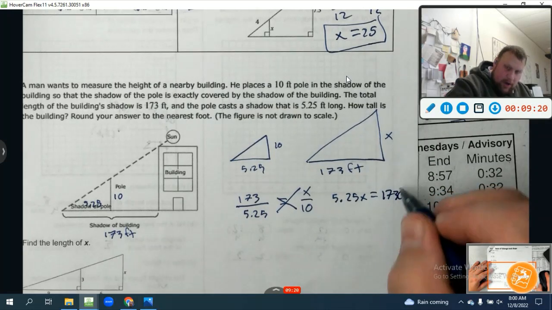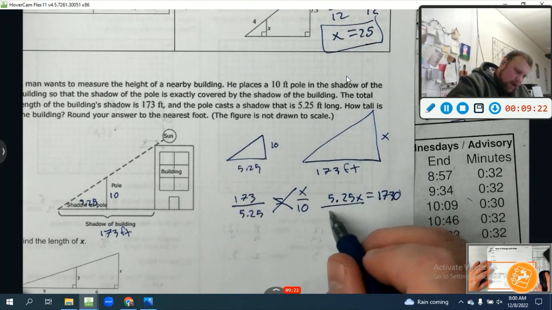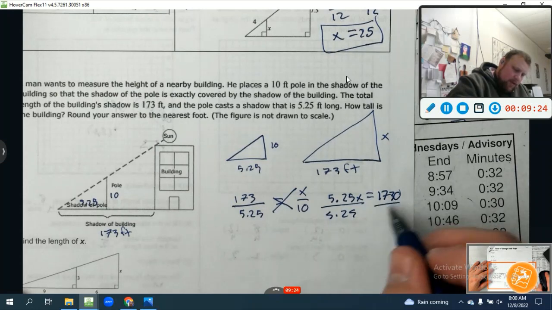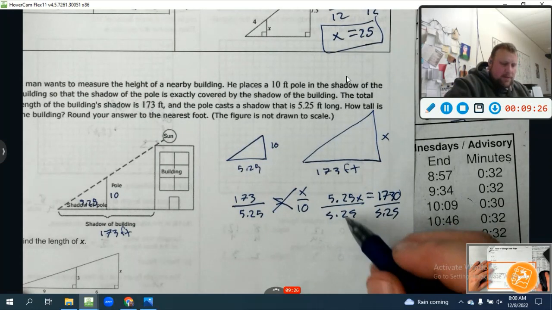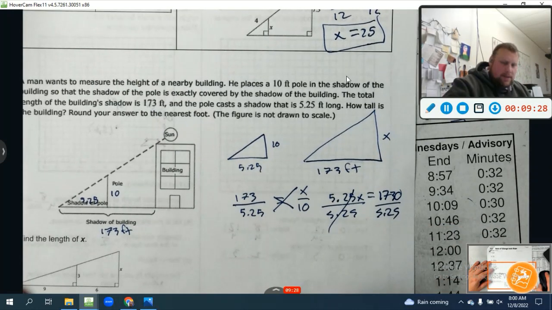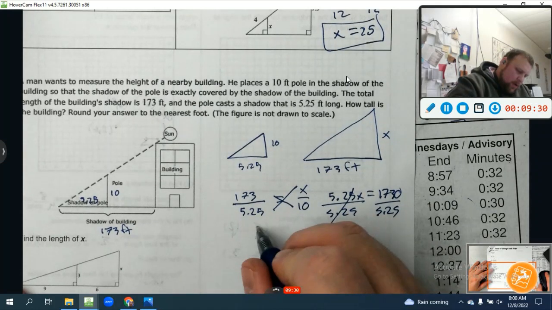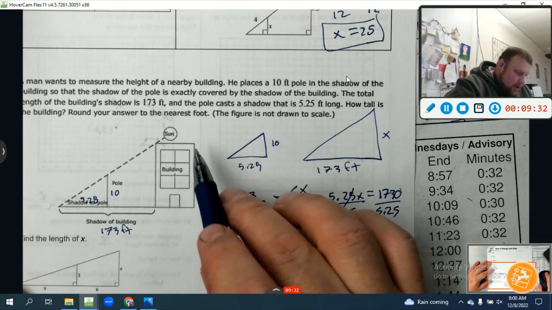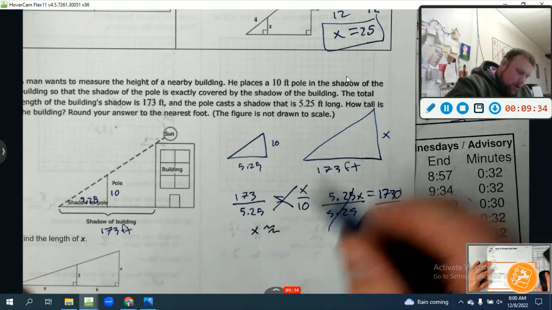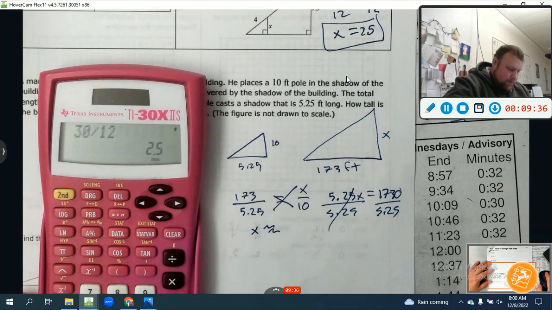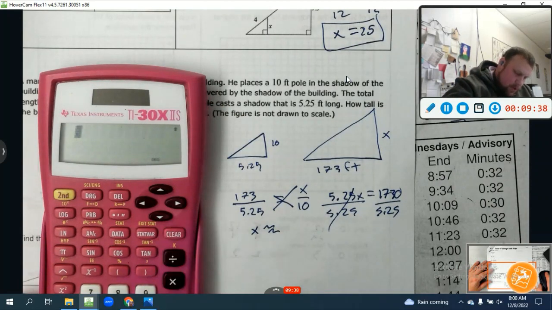Again, I'm moving through this, guys, because I'm assuming you've attempted it. You can pause this as needed. And we get that our X, it says round to the nearest foot, is approximately 1730 divided by 5.25, which is 329.52.